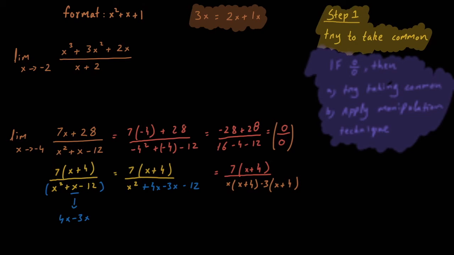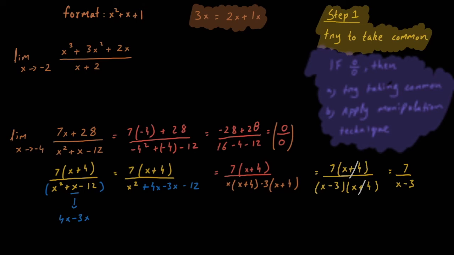Now as both brackets have the same value, we will simply write them together. 7 times x plus 4 in the numerator as the same, and in the denominator we'll write them as x minus 3 and x plus 4. Here we can simply cancel off x plus 4 and x plus 4, and we'll be left with 7 divided by x minus 3.